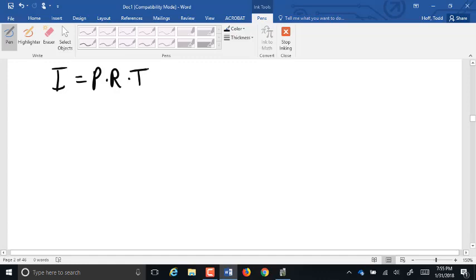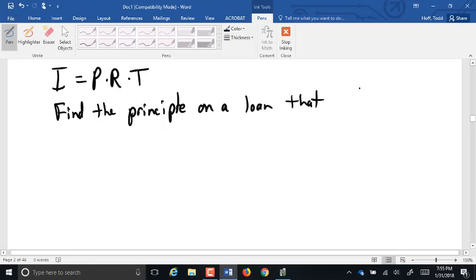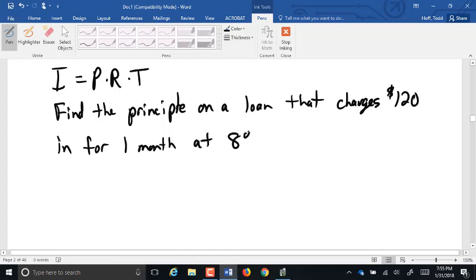And I might ask you to find the principal on a loan that, for lack of a better word, charges $120 interest for 1 month at 8%.